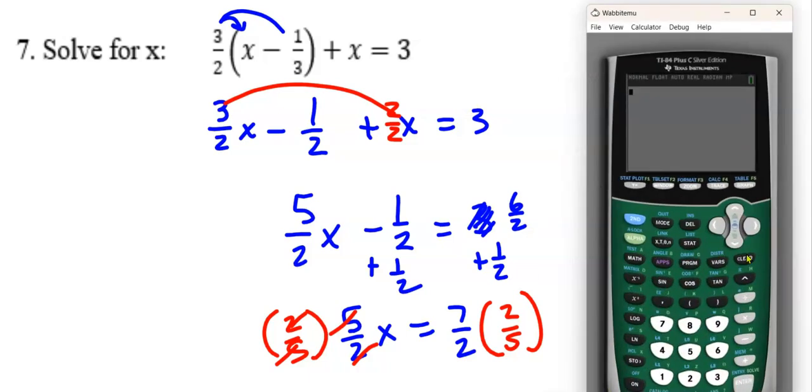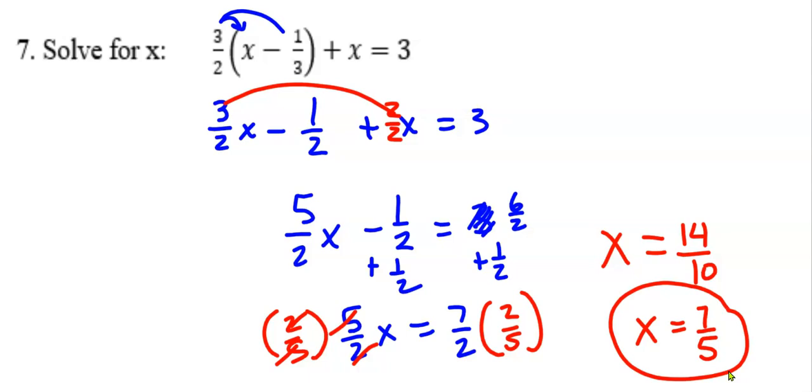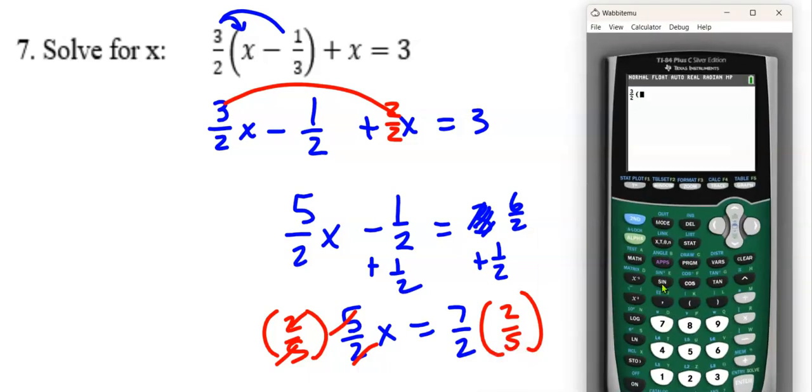Here's how I'm going to do that. I'm going to open my calculator here, and I'm going to type this fraction, 3/2, parentheses, and instead of an x, I'm going to type 7/5. So instead of an x, I'm going to put my solution in here, 7/5 minus 1/3.